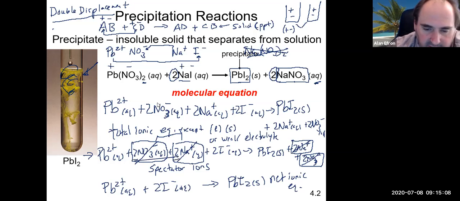So these both are 2 and these are 2s, right, on each side. And they should completely cancel out. And what you're left with is our net ionic equation, which adequately describes what's truly happening in that particular reaction. Any questions on that there?